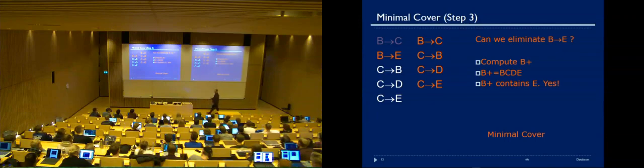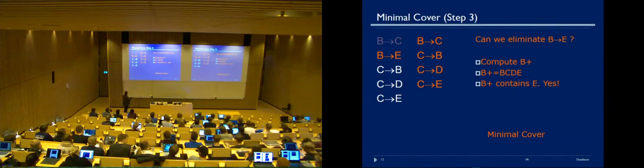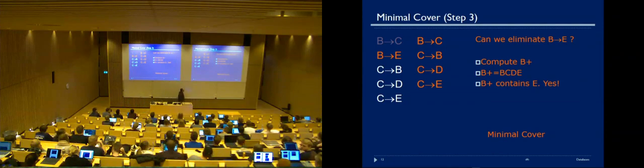Because you can very easily see that the closure of C that you get if you exclude any of them doesn't include the attribute that is determined. If you exclude that C determines B, you only get D and E for the closure of C. If you exclude the second, again, you get the other two. The closure of C will always have just C itself and two other attributes if you exclude any of these three dependencies.